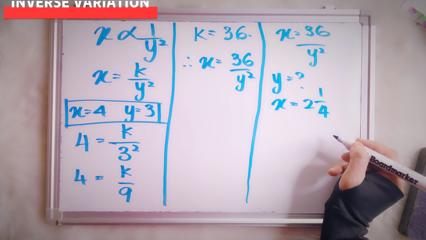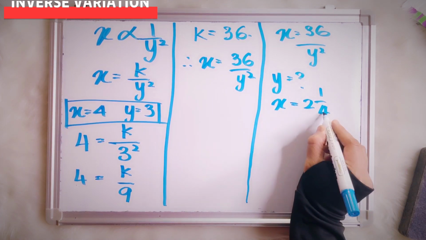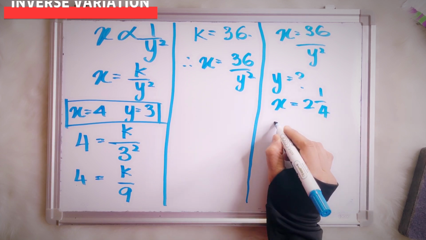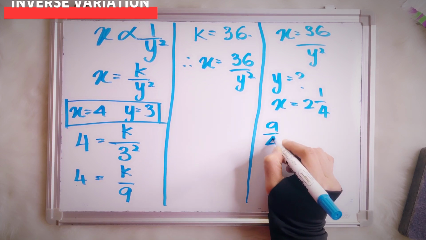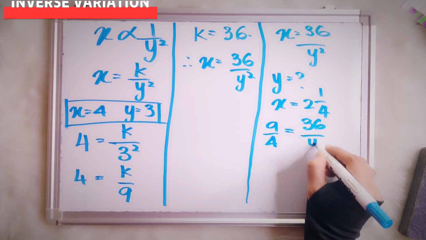So 2 times 4 is 8, plus 1, 9 over 4. 9 over 4 equals 36 over Y squared.